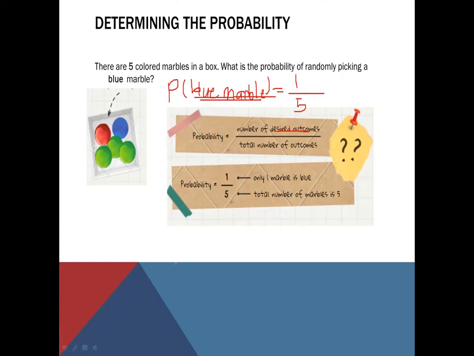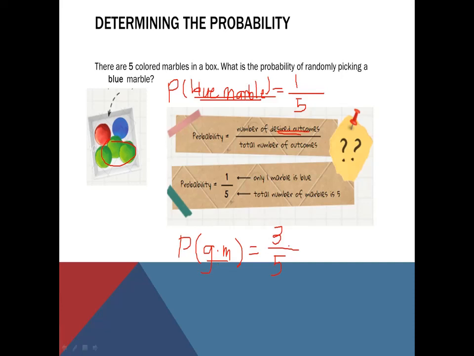What if the problem is randomly picking a green marble? What is the probability of picking a green marble? How many desired outcomes do we have? How many green marbles? Three. Over how many in total? Five. So the probability of getting a green marble is 3/5.